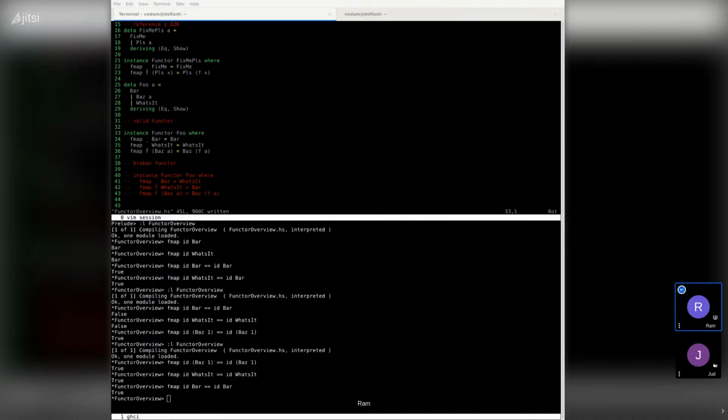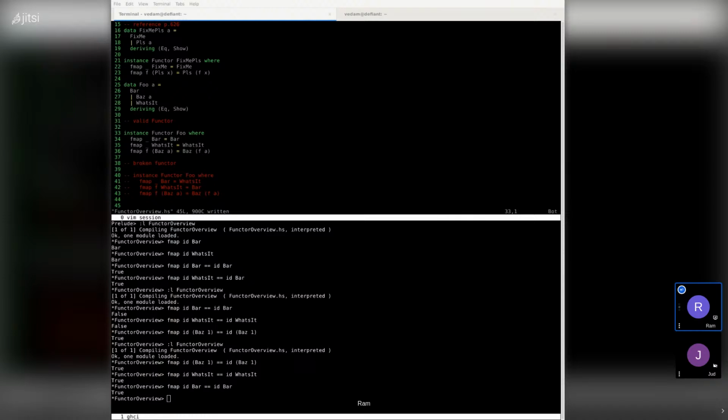That's something that you have to go and fix. And as you can see, this is not something that's enforced by the Haskell compiler. The rules or the laws for a given type algebra, in this case the functor algebra, are not enforced at the compilation level.